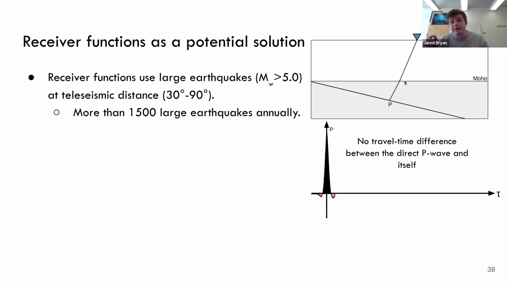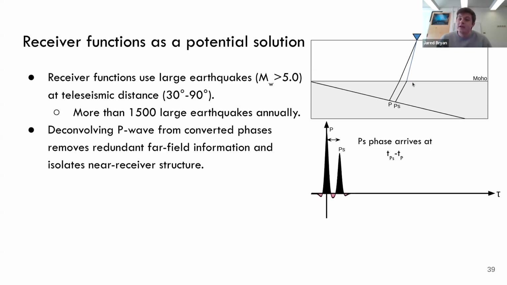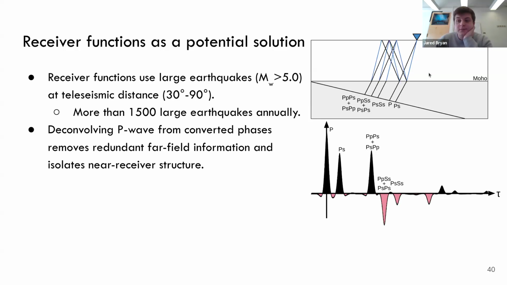So it's a relative measurement between the direct P wave and those converted S waves. There's some P to S conversion that's generated. It arrives sometime later because the S wave takes longer to travel through this layer. And then there's also a whole slew of reverberated phases that will arrive somewhat later as well. And the really important thing for our purposes is that the receiver function is making use of globally distributed seismic sources.